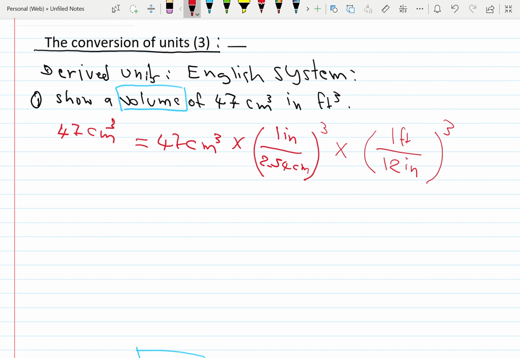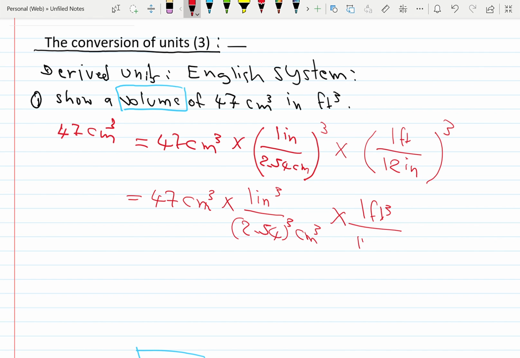So what we could do now, we say that is equal 47 centimeter cubed times 1 inch cubed over 2.54 cubed centimeter cubed, times 1 foot cubed over 12 cubed, and the inches is also cubed.